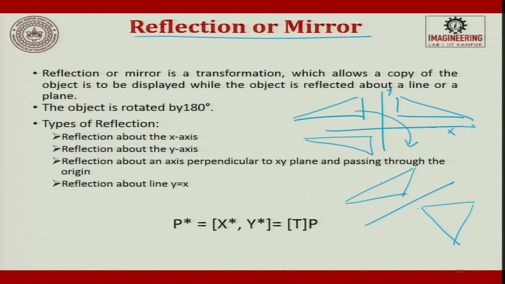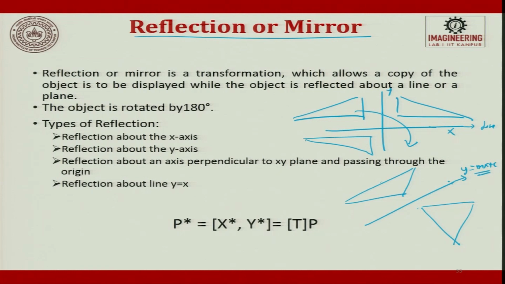It can be on the axis, or a line that you define. All these things are possible. It is only that you define it about a line, and the line need not be at the origin, please understand. So, you can define any line and say do a mirroring about this line.